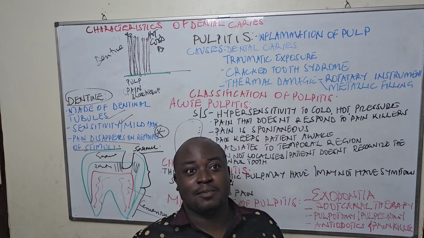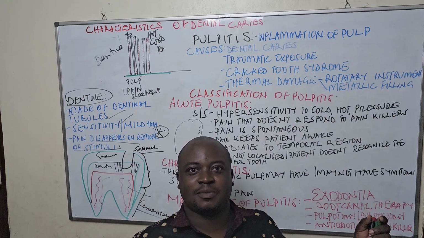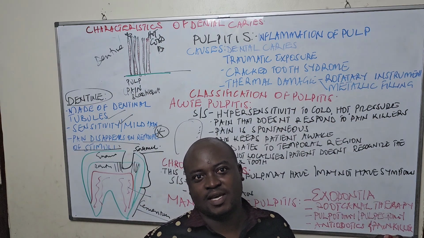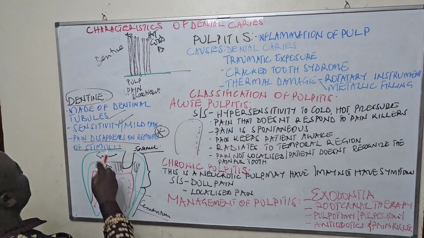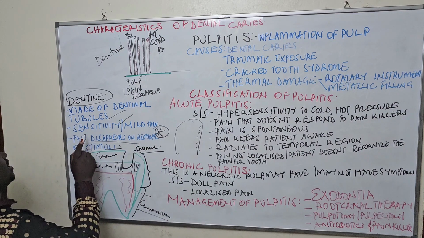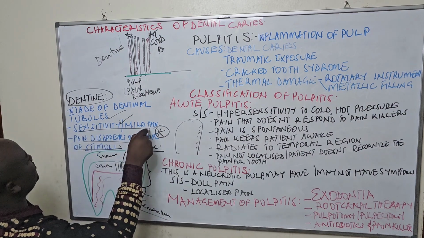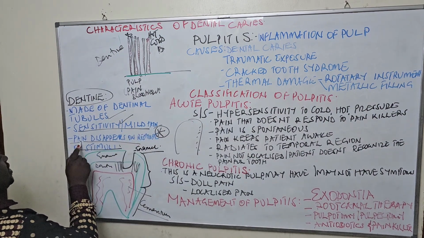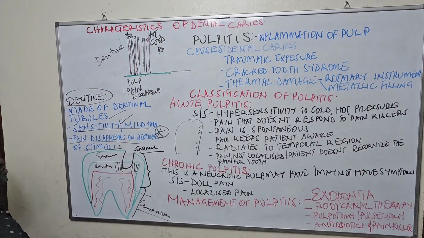But after some time, once it hardens, it is okay. So we are saying this is dentinal tubules. We don't have pain, but we can have sensitivity or mild pain, and this pain disappears on removal of a stimulus.